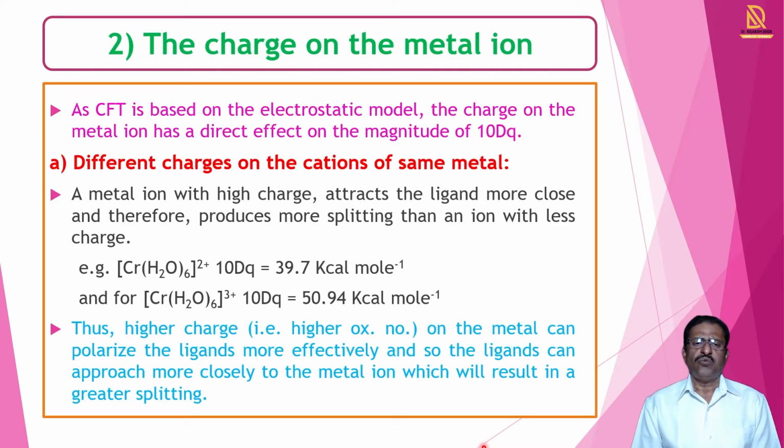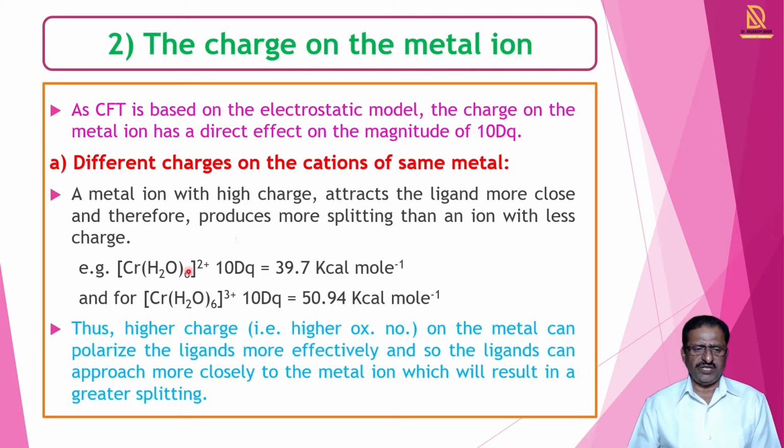We see how the metal ion affects the magnitude of 10Dq, and for that purpose we see the different charges on the cation of the same metal. That means there is the same metal with different charges. How does that affect the magnitude of 10Dq?